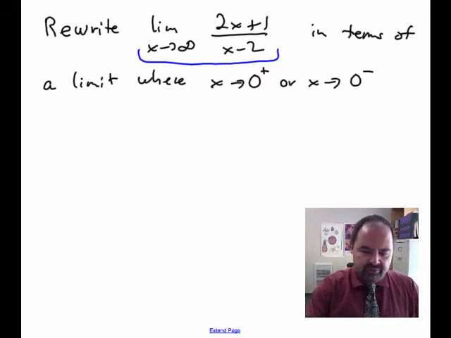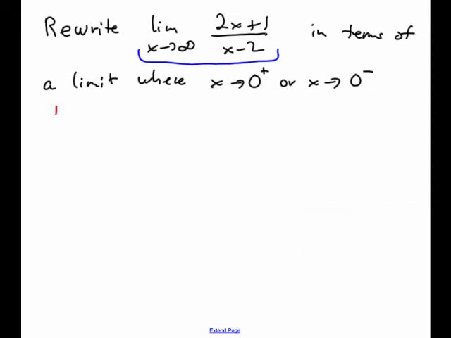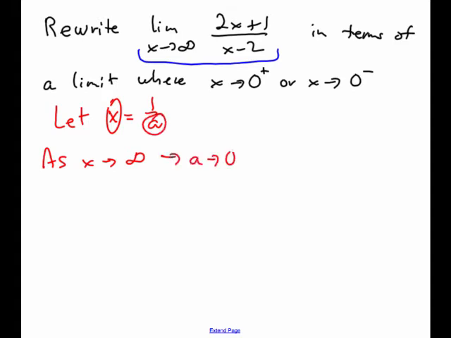Alright, so when we're doing a substitution, we always begin by creating a variable. So we're going to let x equal 1 over a in this case. And we are going to need to replace the x going to infinity. As x goes to infinity, a would be close to 0 from the positive side.